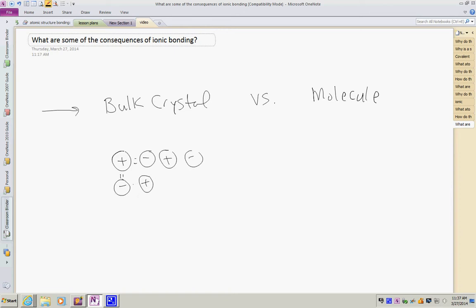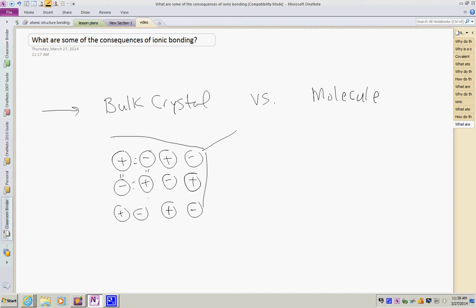But given the opportunity, this thing will order itself. Again, I don't want to act like those are bonds or still be showing attraction, in all three dimensions.